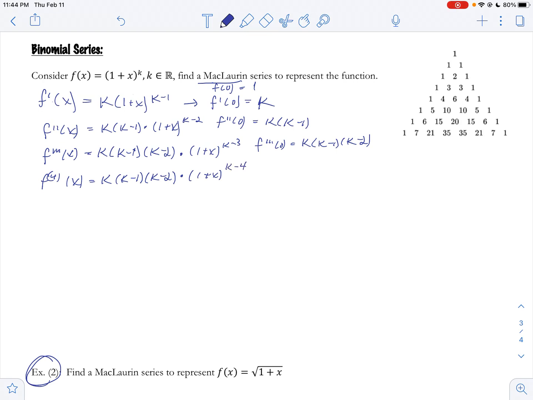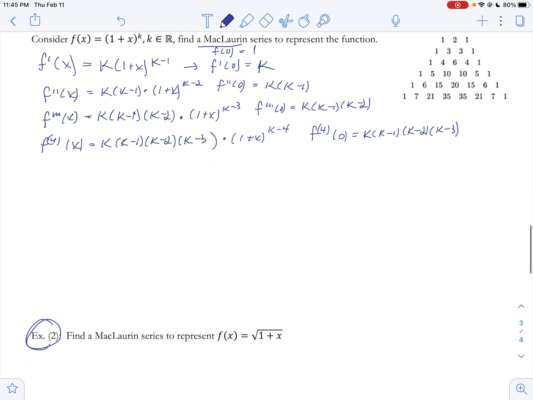And then when I plug in 0, I get just the k expressions again. Oops, and here I forgot my k minus 3, so I'm just going to move that over. There, now k minus 3 times that. So now when I plug in 0, I get the right expression, k times k minus 1 times k minus 2 times k minus 3.